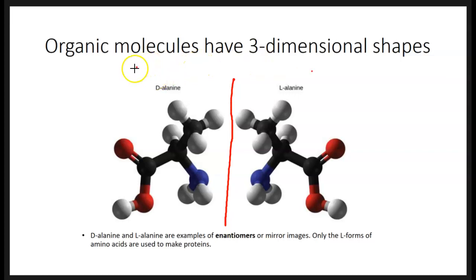You can't fit a left-handed molecule in a right-handed glove. We'll talk about enzymes, which work by fitting molecules inside specifically shaped pockets in those protein structures. And enantiomers in the 3-dimensional structure of molecules are really important for those interactions. Can't fit a left hand in a right hand glove.